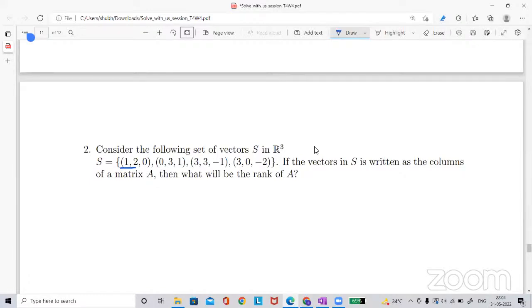Okay. Sir, am I audible now? Sir, your subspace condition is like you have taken (0, 0) and you have taken 0 belongs to W. If the 0 is not given, let us say the vector (1, 1) is given to me and it is being asked to check whether it is a subspace or not. 0 belongs to W, in that case, how do I ensure it belongs to that?